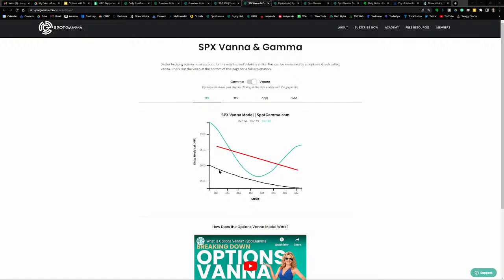It's usually parallel to the black curve, and that is showing, again, market makers' delta notional, delta exposure. A curve sloping up from right to left is typical in a negative gamma environment.